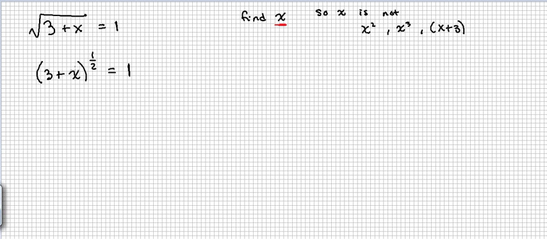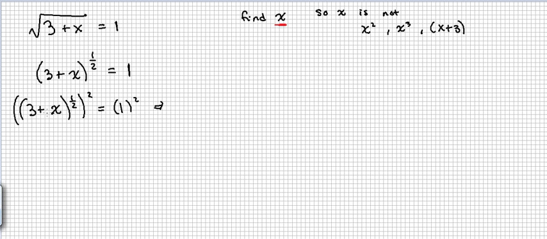So let's do that. How are we going to make this go to the first? Well, we can remember that we have to raise it to the power to multiply it. So if we have x to the 1/2 here, we're going to have to square it. What we do to one side, we have to do to the other.